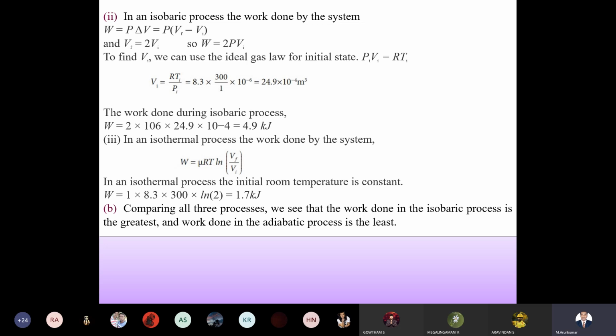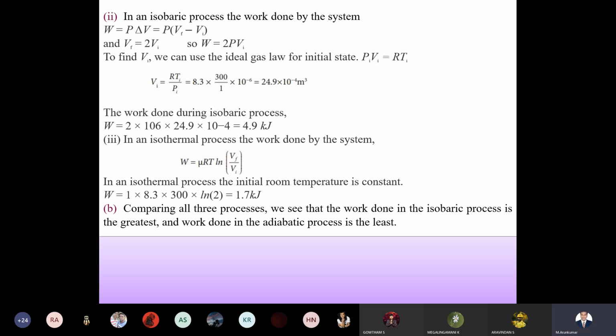Substituting the values, P initial is 1 megapascal, and we know T initial and R. Then V initial is 24.9 times 10 to the power minus 4 meter cube.